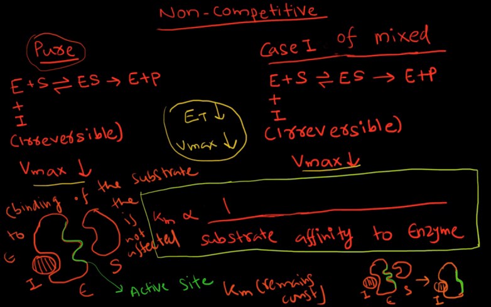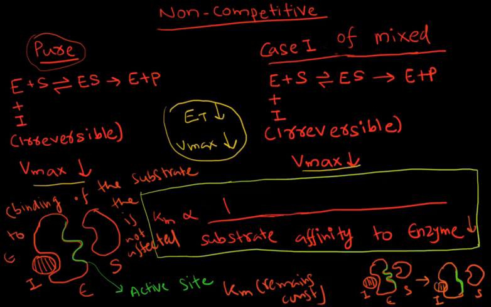Now what is going to happen? The substrate is no more able to bind to the enzyme because the active site has changed. So what is going to happen to the affinity of the substrate for the enzyme? The affinity goes down.